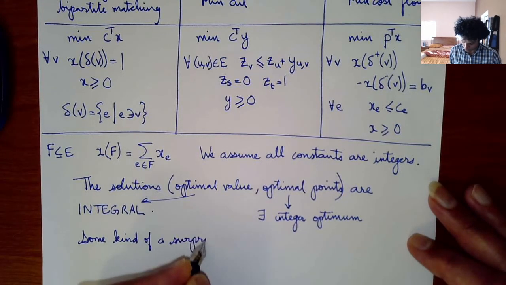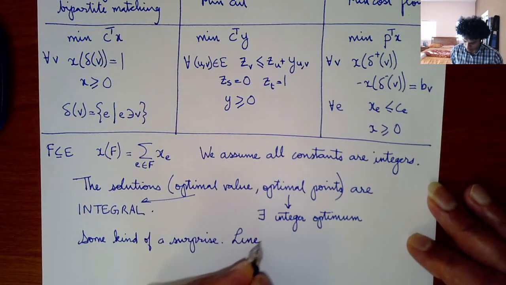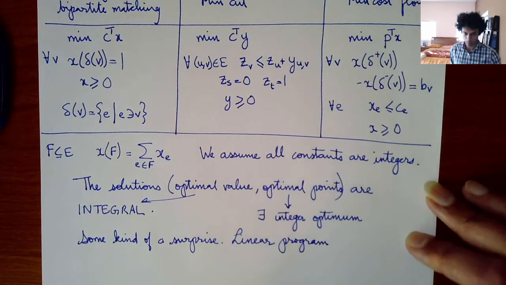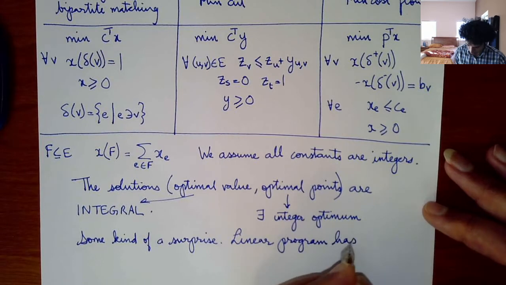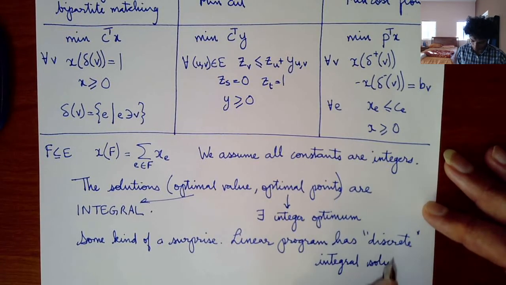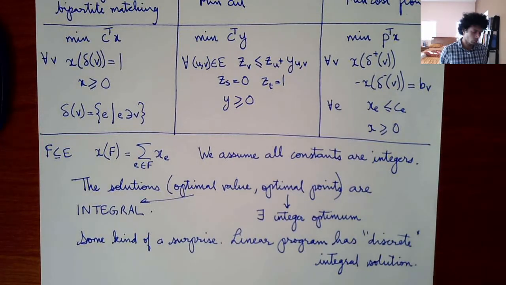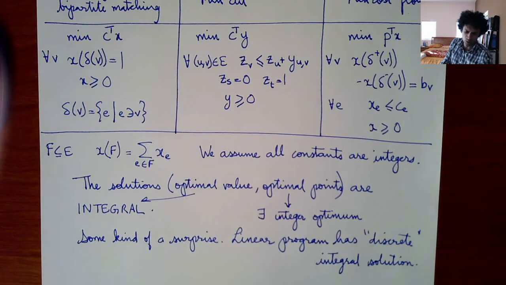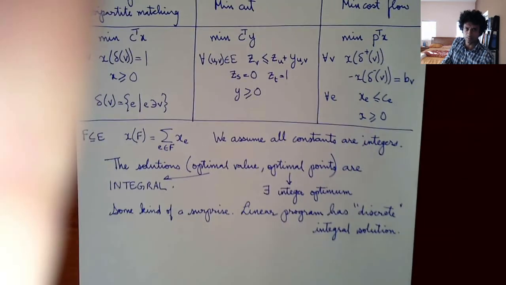So one can think of this as some kind of a surprise, because a linear program has a discrete, or integral, solution. If you think about it, there's no reason why this should be the case. I'm going to draw a very simple example, and you can come up with various examples as well.